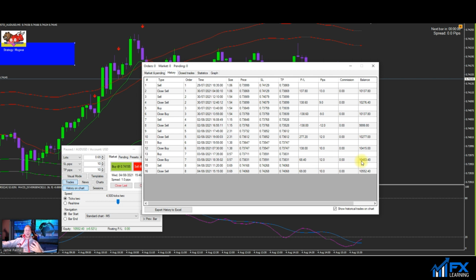Now, this is how you stay consistent. This is how I stay consistent as well. Over time, the more money I make, the more risk I reduce. I always try and reduce the risk, because when I do have bad days, bad weeks, bad months, I'm constantly reducing the risk.